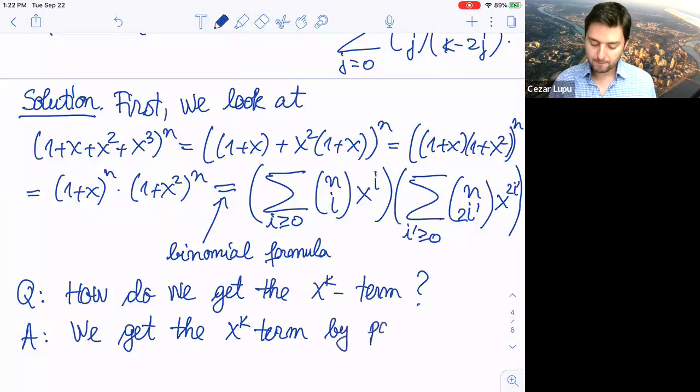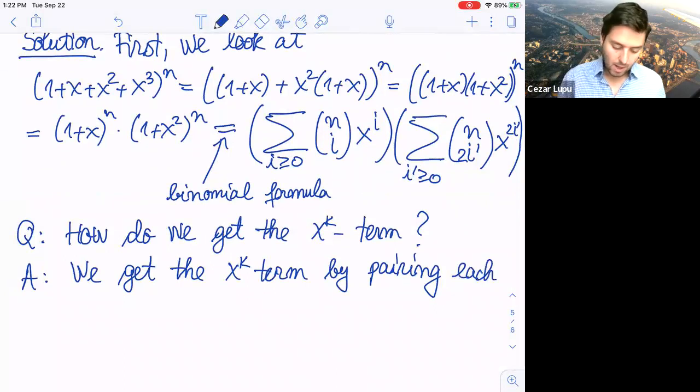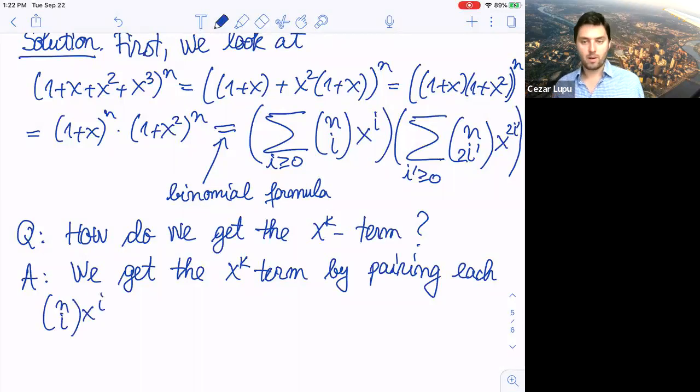By pairing each n choose i, x to the i, right, we take each one of them from the first sum.